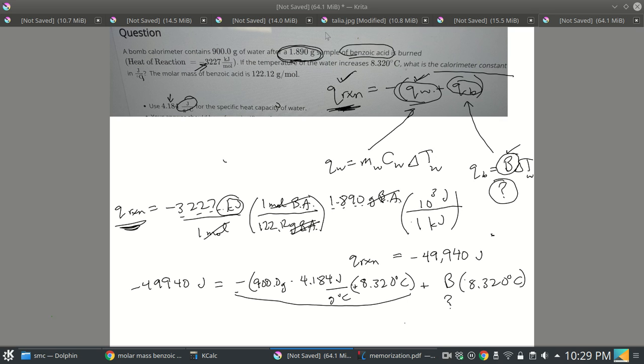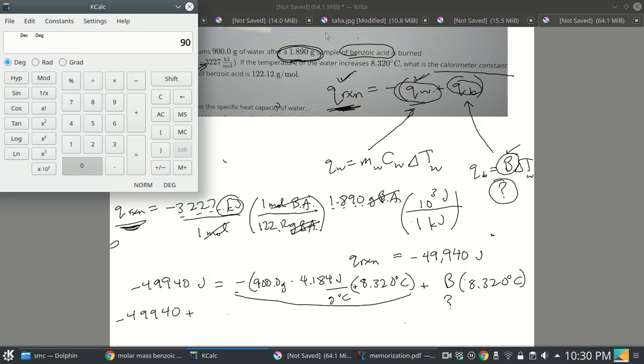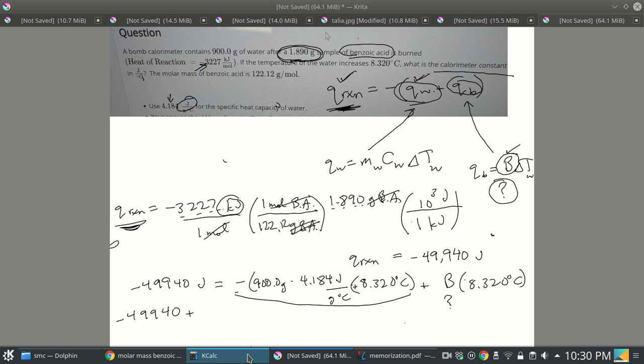So let me rewrite this, clean this up so I can easily calculate. So this is negative 49,940 plus all these guys multiplied together, which is 900 times 4.184 times 8.32, and that's 31,330.